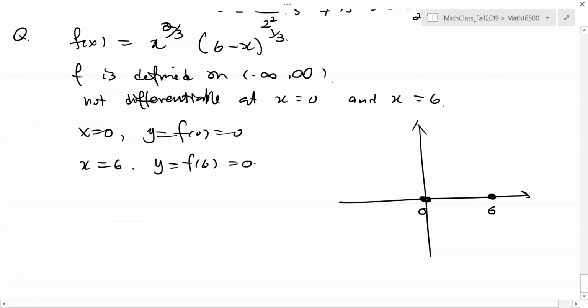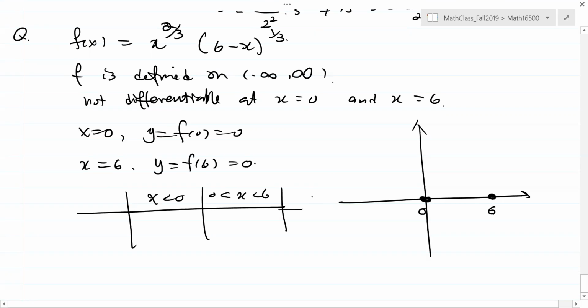Then I want to see whether the function is positive or negative. So, without the derivative, how much can we get? x is less than 0, x greater than 0 and less than 6, x greater than 6. I want to know the sign. When x is negative, the first factor will be positive because of the square.